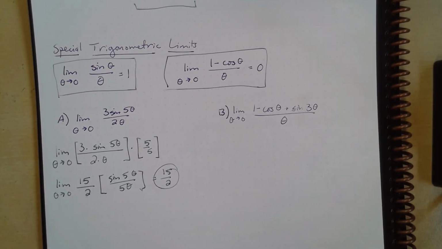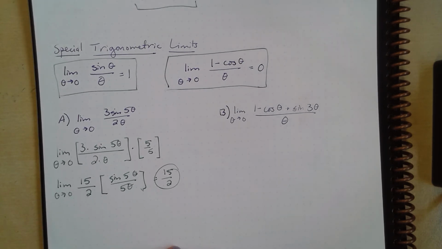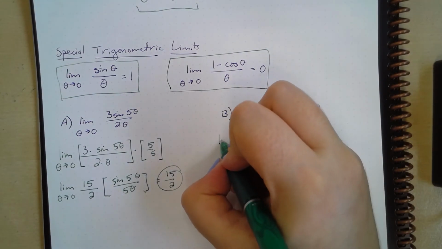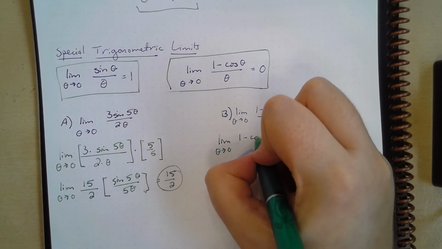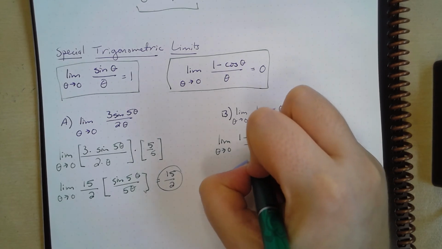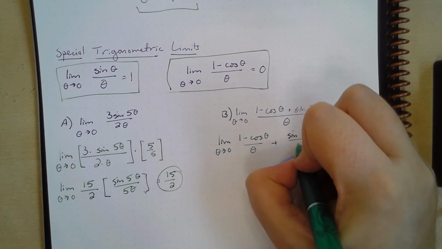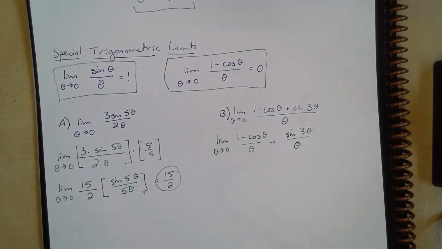Here we have 1 minus the cosine of theta plus sine 3 theta over theta. Well, I'm going to rewrite this as the limit as theta approaches 0 of 1 minus cosine theta over theta plus sine of 3 theta over theta. Actually, I did not rewrite that very well.